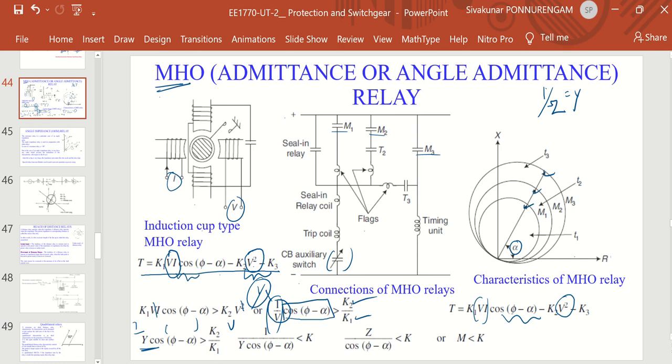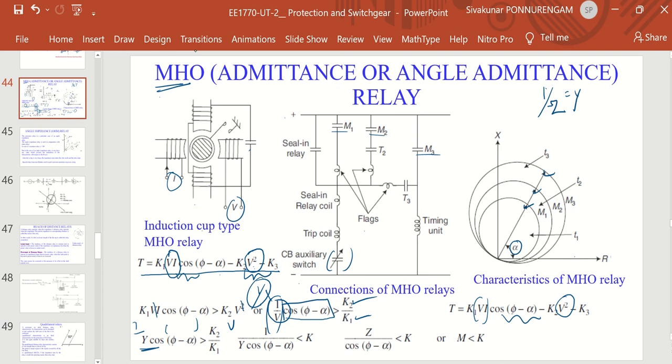Once again, I will explain the torque equation. It is a function of V square, the operating quantity, and the restraining quantity, which is V into I. Please see, this is I and this is V, so V into I is at this point. And we also get the V square value, the coil which may be wound here.